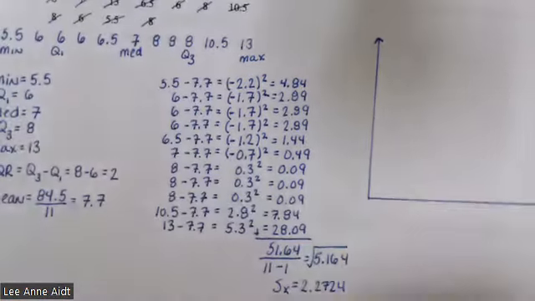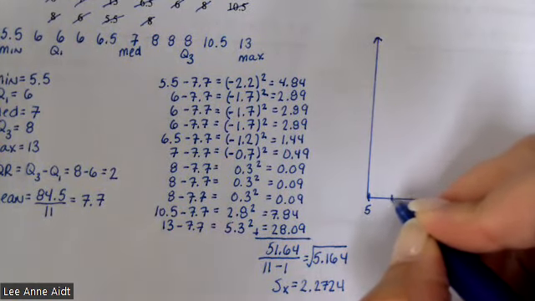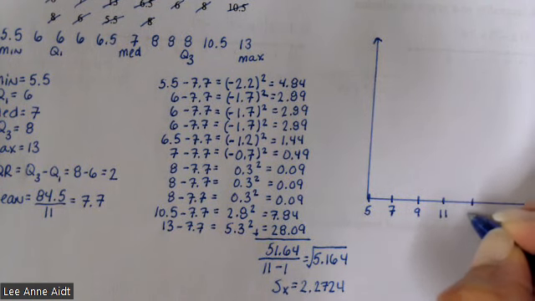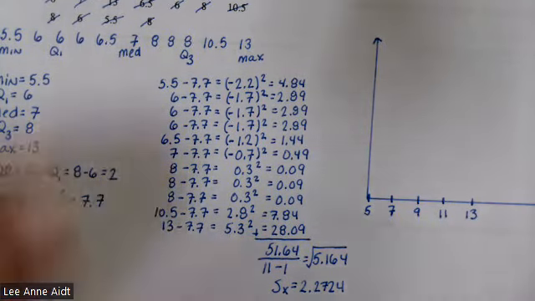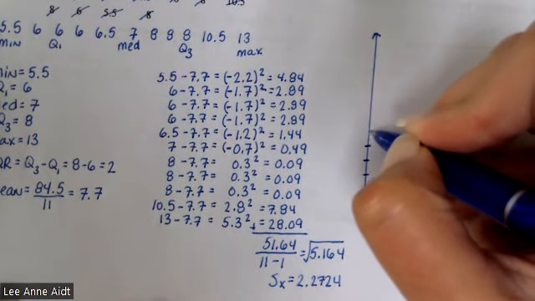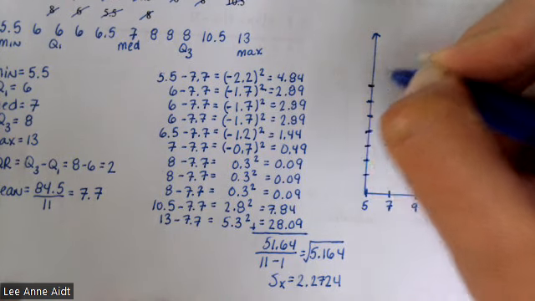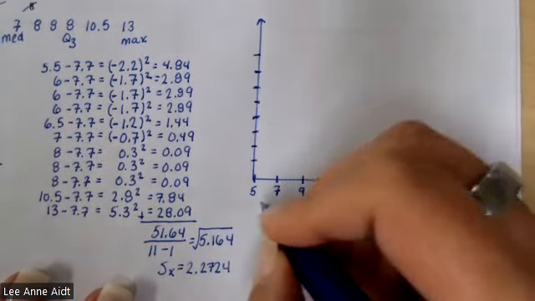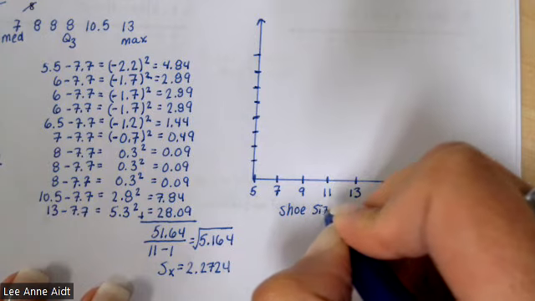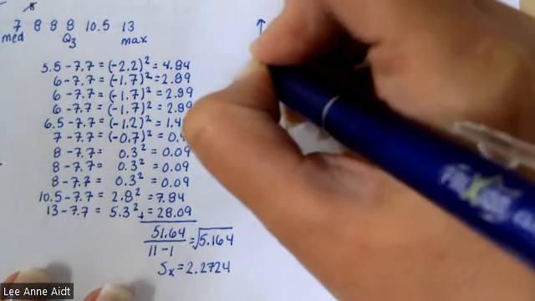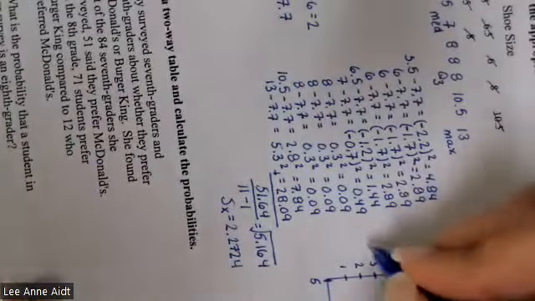Since the lowest one here is 5.5, I'm going to start at 5, and I'm going to go by 2s. And of course, don't forget to label your axes.